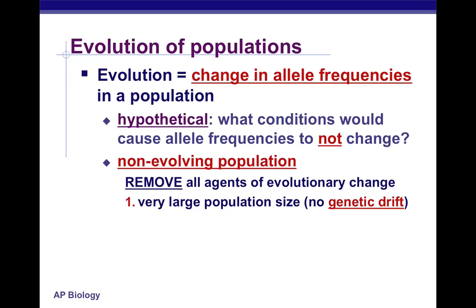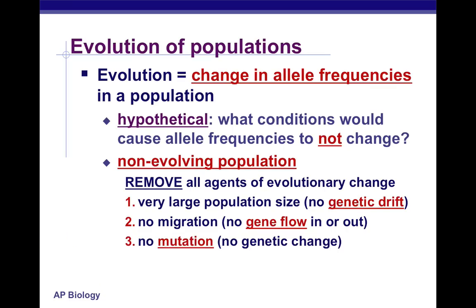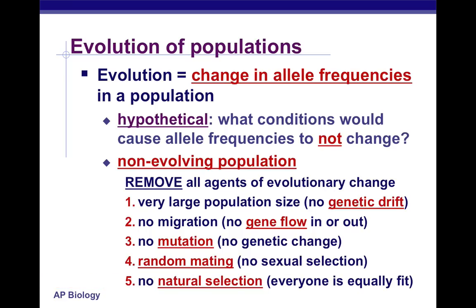First, it needs to be a very large population size, so that no genetic drift can happen. No migration, so that means there's no gene flow in or out of the population. Right, so there's no one coming in and going out. No mutation. Random mating, meaning there's no sexual selection. You mate with random people. And then there's no natural selection. Everyone is equally fit for that environment.